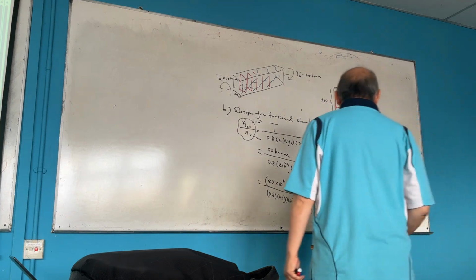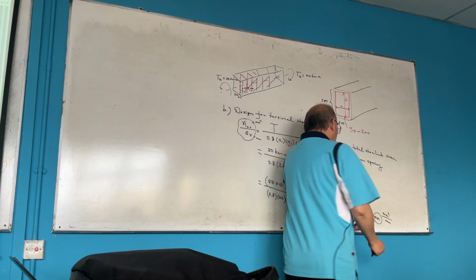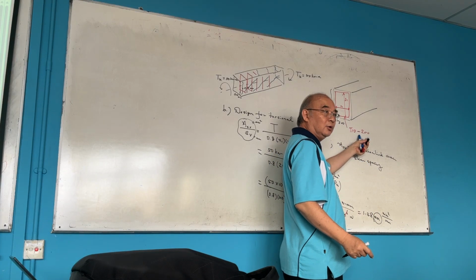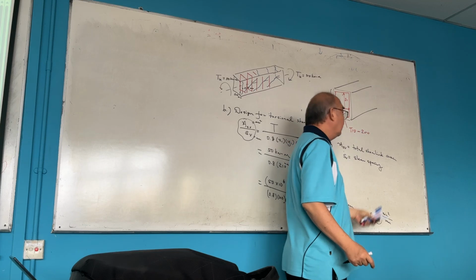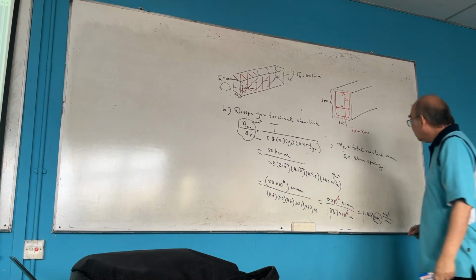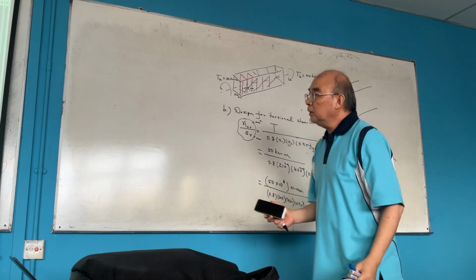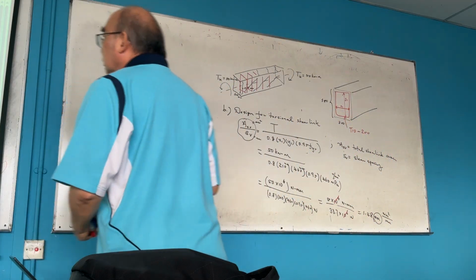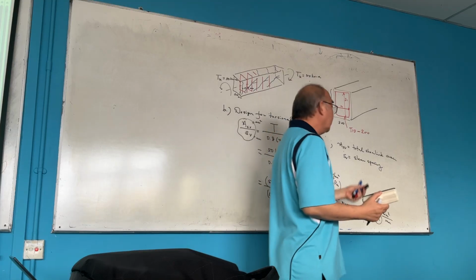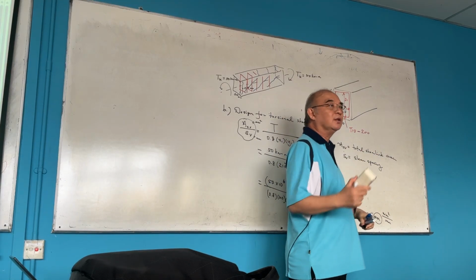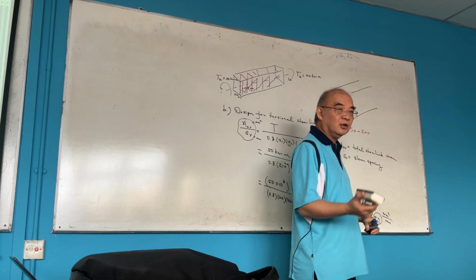Now how do I convert this design value to here? That is the question. Normally we have two parameters, the size and the spacing. So normally we choose the size first and then find the spacing.